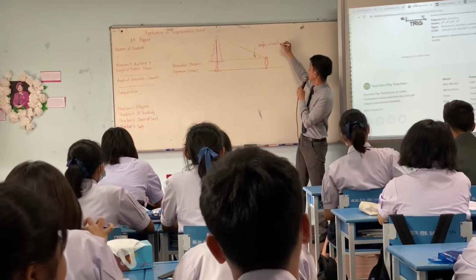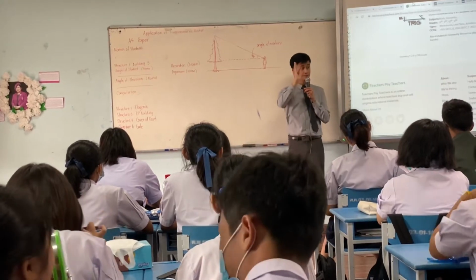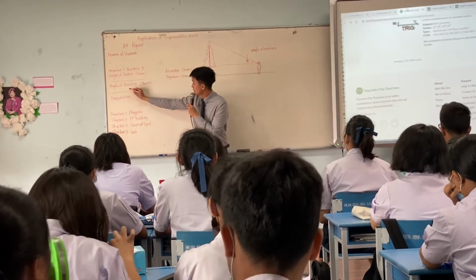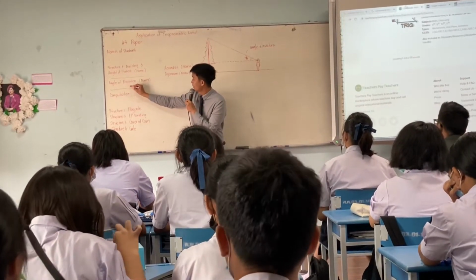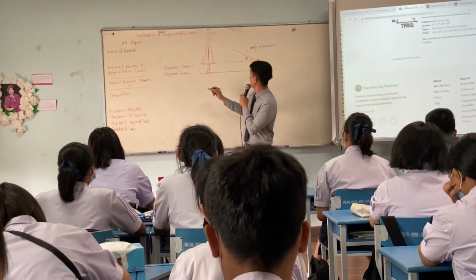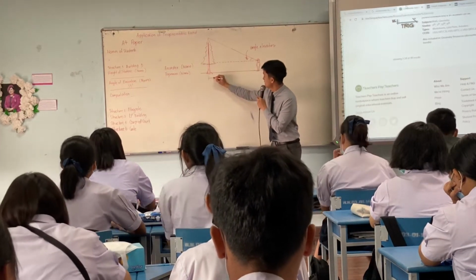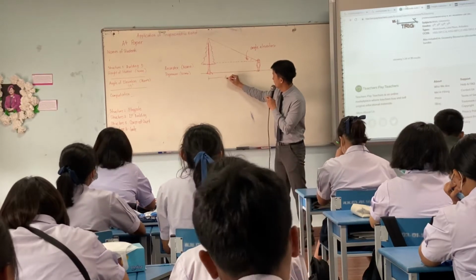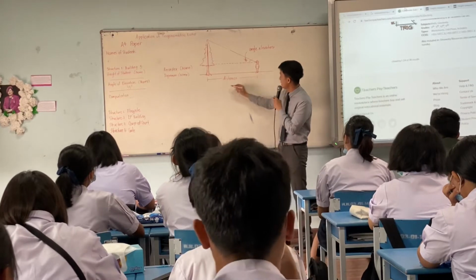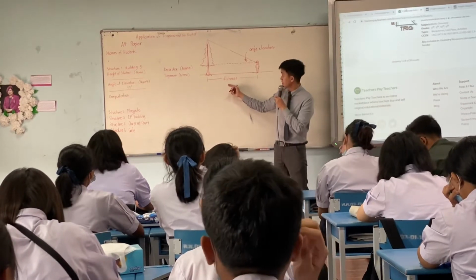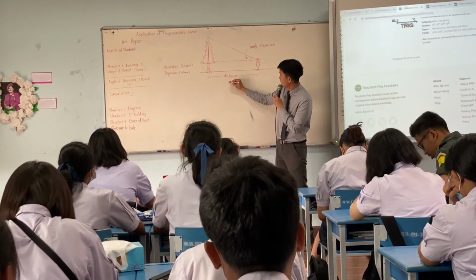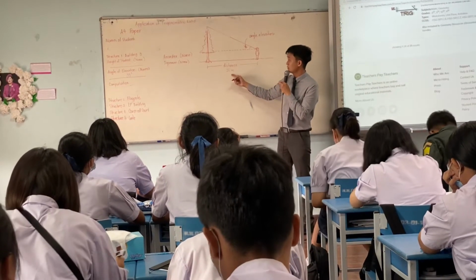I already taught you how to get the angle. For example, your angle of elevation measured is around 35 degrees, so write it down here. Then we need to find the distance from the structure. For example, this distance is around 25 meters, so write it down here.